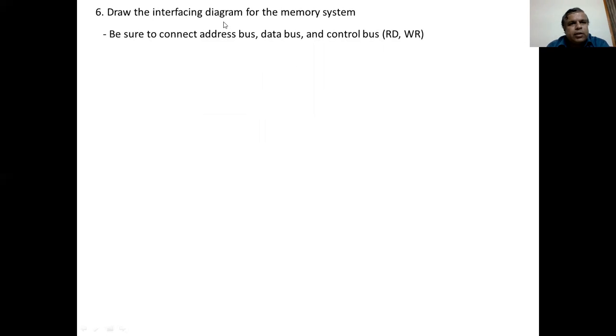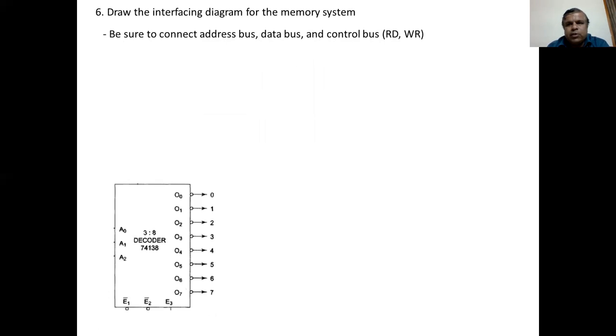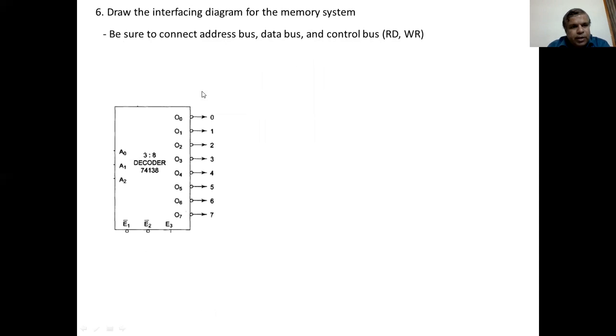So the next step is to draw the interfacing diagram for the memory system. While drawing, be sure to connect the address bus, data bus, and control bus to the corresponding pins of the memory devices. So first write the decoder.